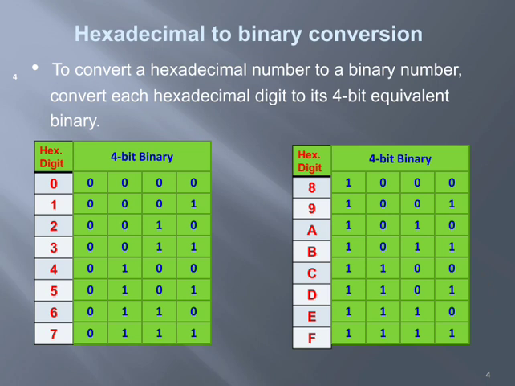So these are the corresponding 4-bit binary equivalents for a given hexadecimal digit. Simply replacing the hexadecimal digit with its 4-bit binary equivalent will result in the conversion of hexadecimal number to binary number.